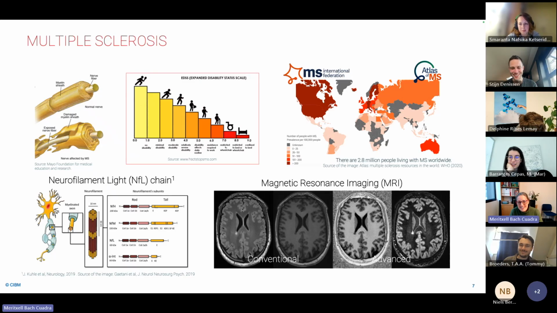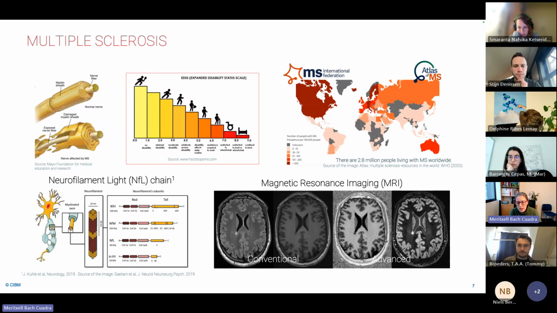But the idea here is just to say, okay, it's a neurodegenerative brain disease, we don't have a cure, but we have treatments. But these treatments come with important decisions on adaptation of the treatment that has to be adapted all through the years. And these treatments have very heavy secondary effects sometimes. So the decision of changing the treatment is a very important one.